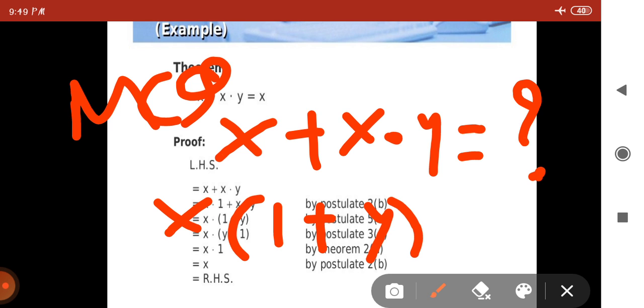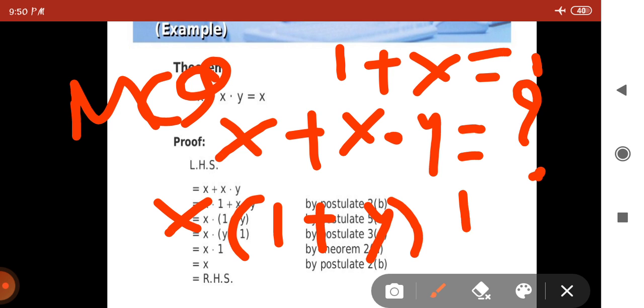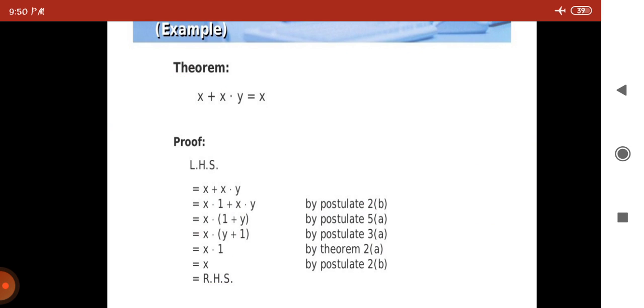I want to ask you one thing. 1 plus x, what is it? 1, by the identity laws, right? This is x, instead of y, 1 will come. This is x.